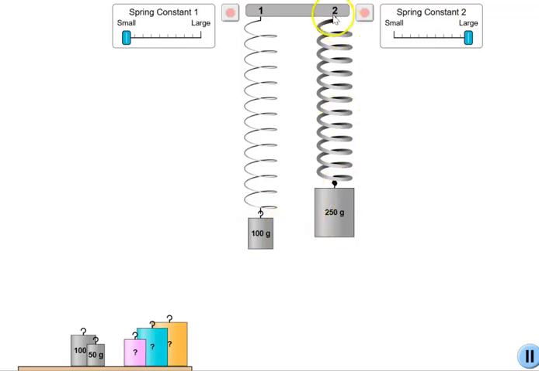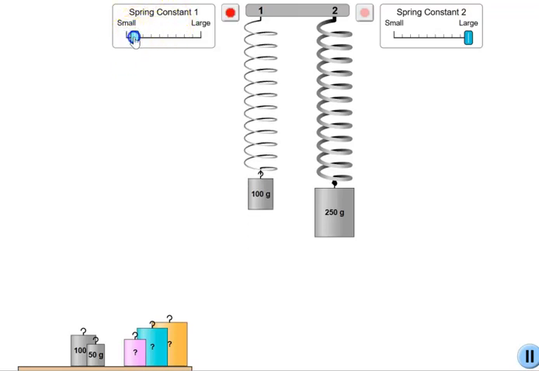That's not too bad. So here we've got a string with a large constant, so it's quite a strong string or spring, and a large force, 250 grams, has not stretched it as far as the 100 grams on the flimsy spring that has a small spring constant, or elastic constant as we refer to it.